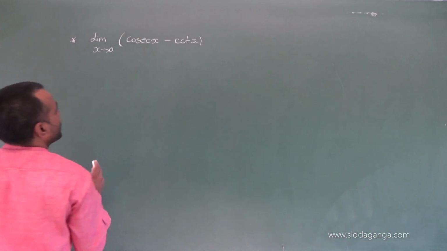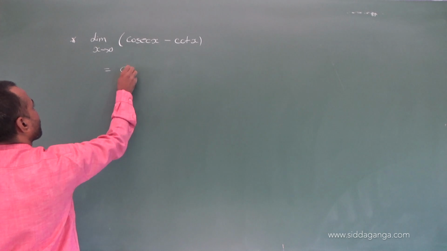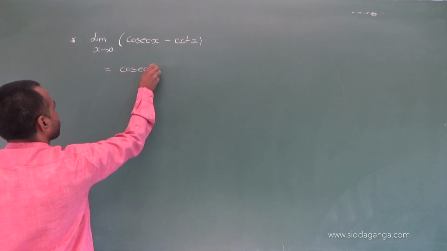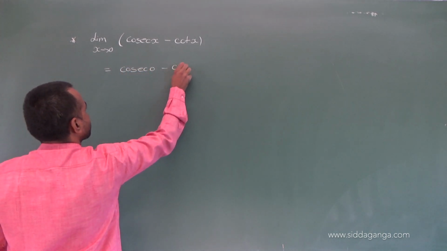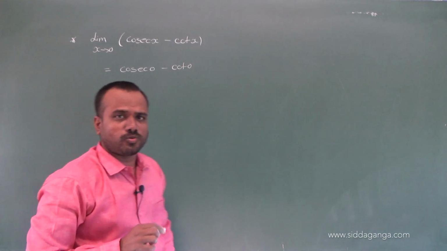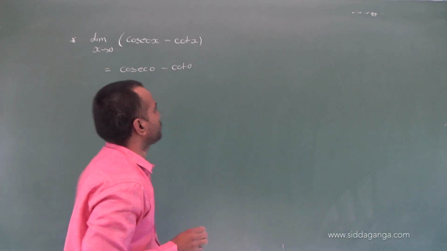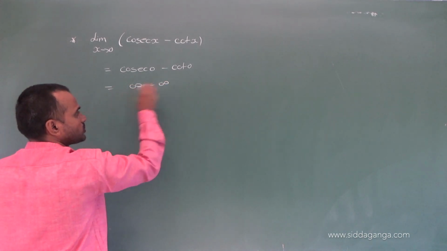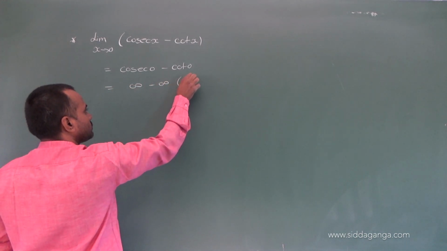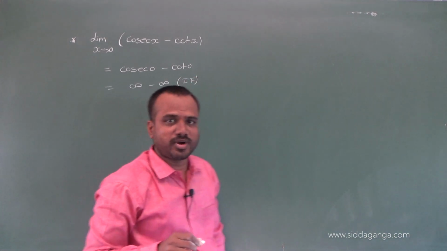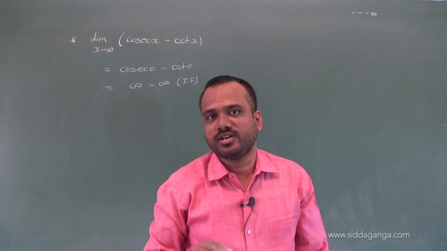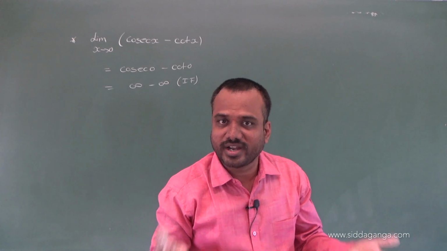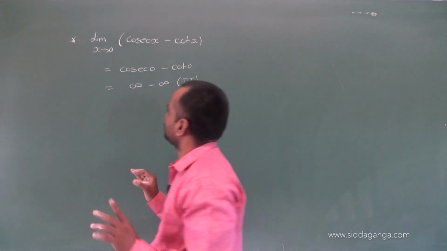Firstly, we substitute the value. Cosecant 0 minus cot 0. Cosecant 0 is what? Infinity. Cot 0 is what? Infinity. Infinity minus infinity. It is also an indeterminate form.